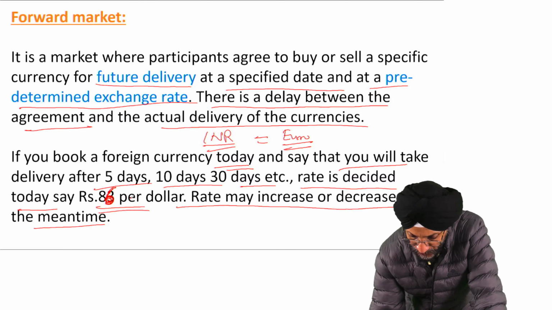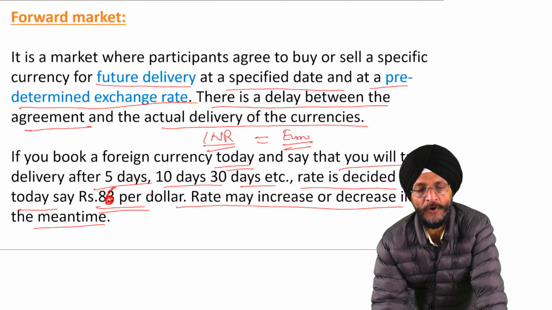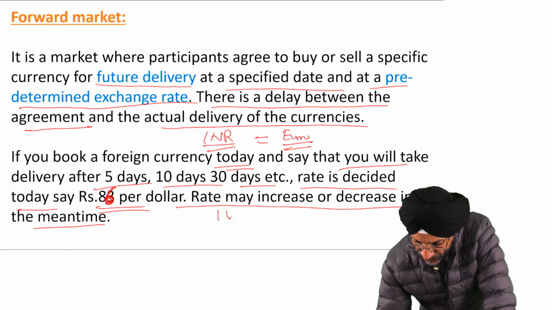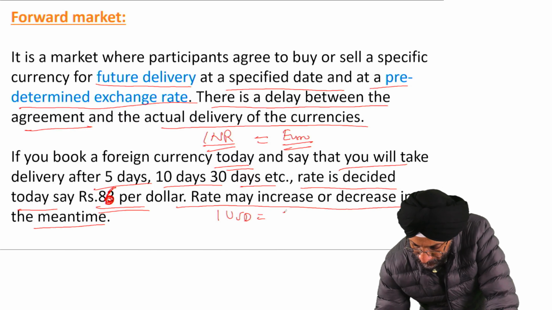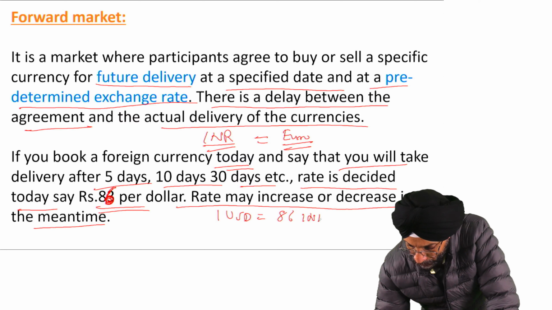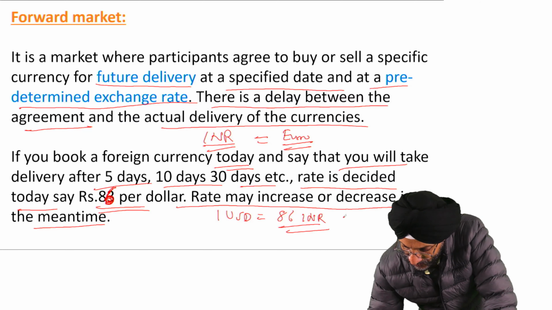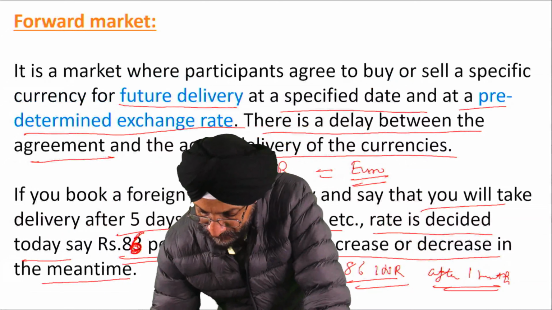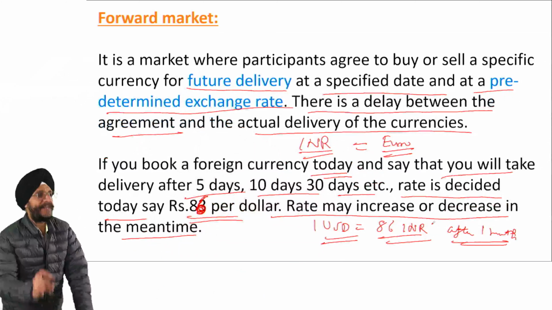Suppose now we have agreed in the forward market that we will purchase 1 US dollar for 86 Indian rupees, say after 1 month, I will purchase $1 at 86 rupees.